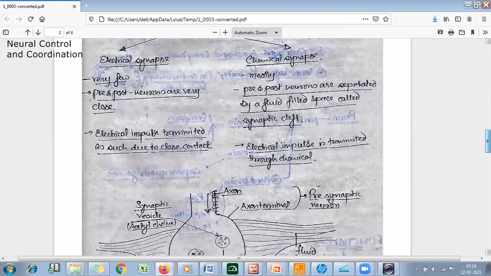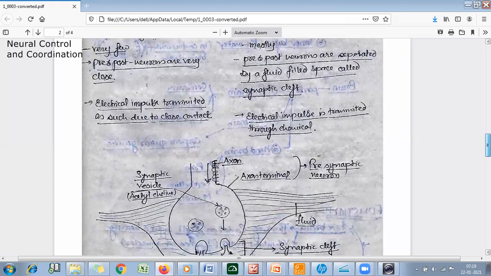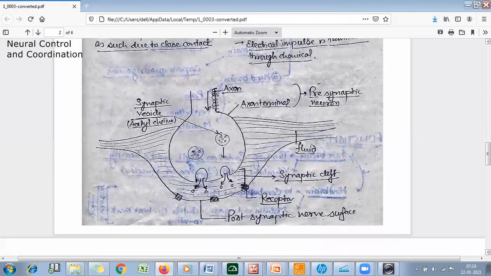So we have seen how the action potential is created and how the potential difference makes an electrical current which moves from one region to another region through the axon. So what happens? We can see the situation. This is the end of the neuron, and we have already talked that the end of the axon is a button-shaped or knob-like structure.